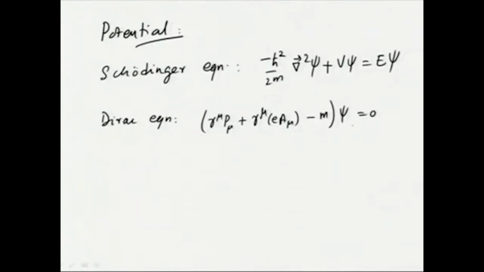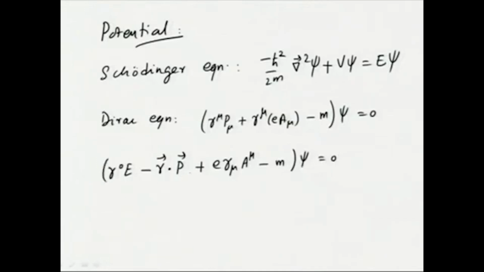We will expand the first term: gamma 0 E minus gamma dot P, plus e gamma mu A mu minus m, psi equal to 0.